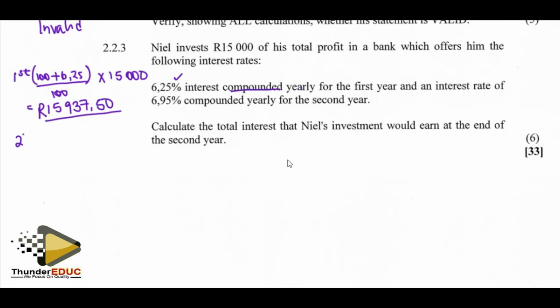Then the second year. Second year is going to change a little bit, but still it's 100 plus the rate charged for the second year, over 100, times the money from the previous year. This one here comes over here.